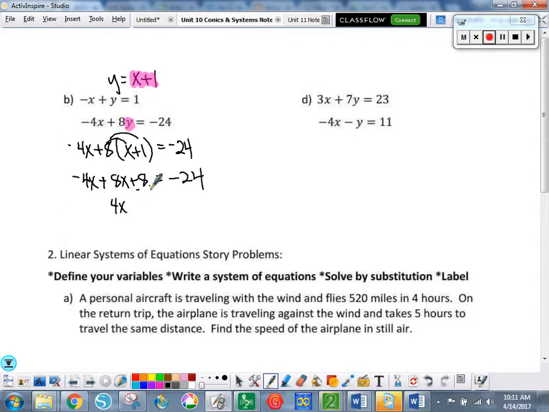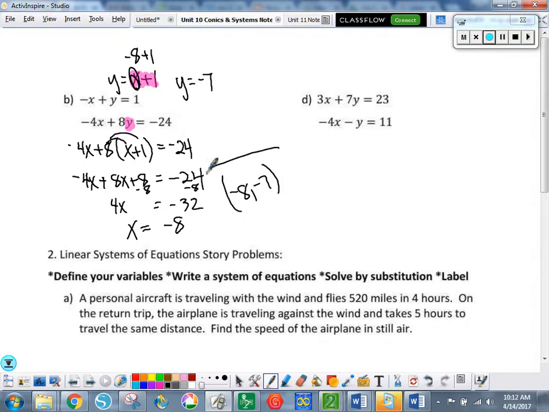But let's get rid of that plus 8, so you subtract 8. What's negative 24 subtract 8? Negative 32. Divide by 4, x equals negative 8. That's the first part. Take that negative 8, replace it right here. What do we get? Y equals negative 7. So negative 8, negative 7 is our point.